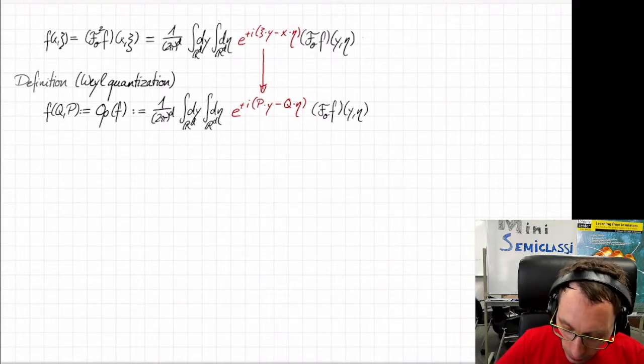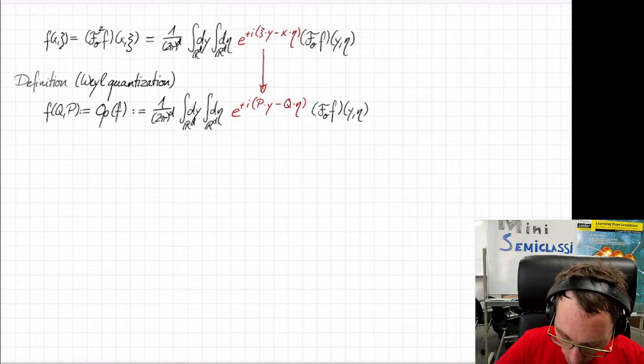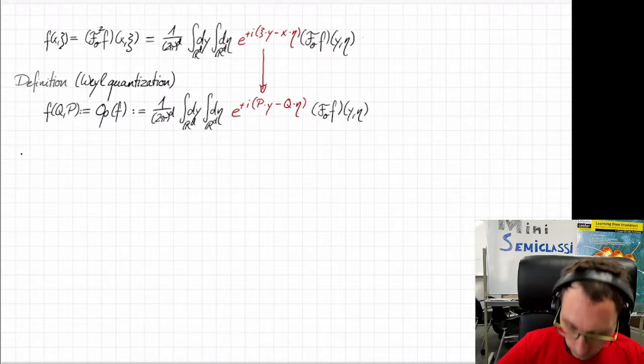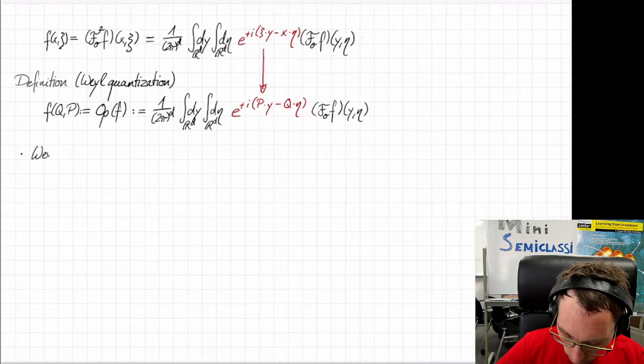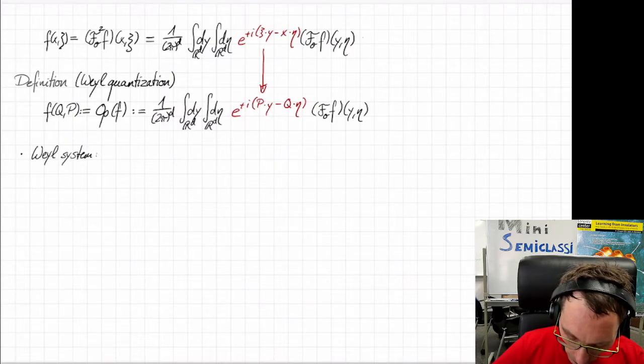The central piece, and I will tell you its own name because it's so important, is the so-called Weyl system. And this is the unitary operator in red.